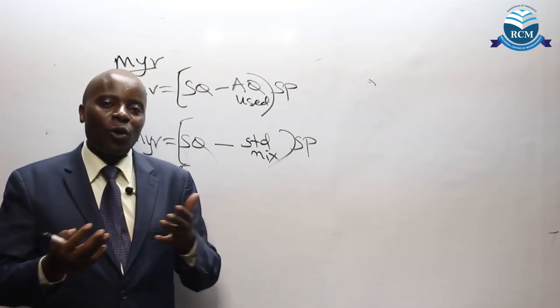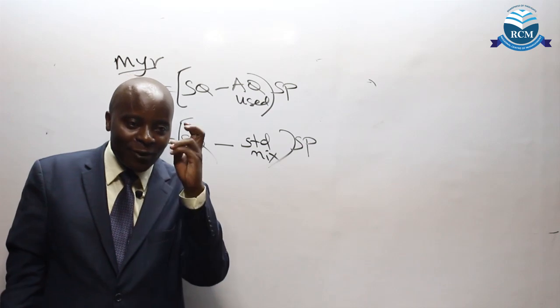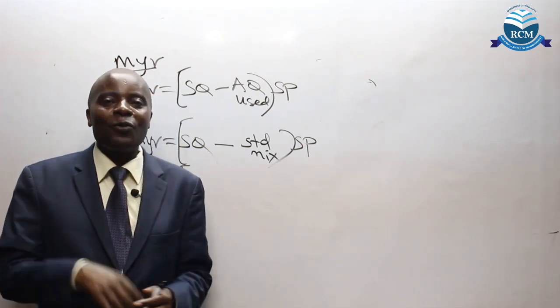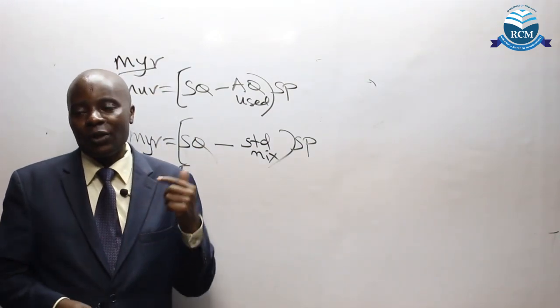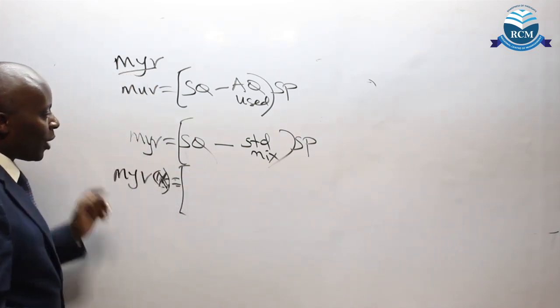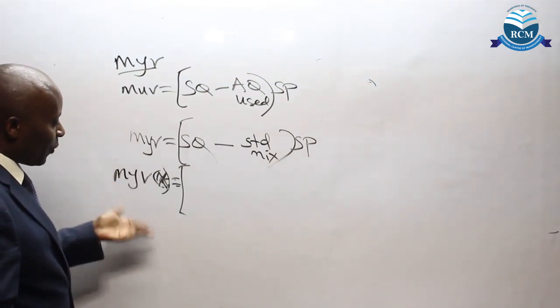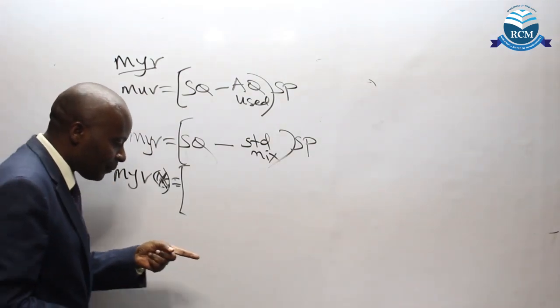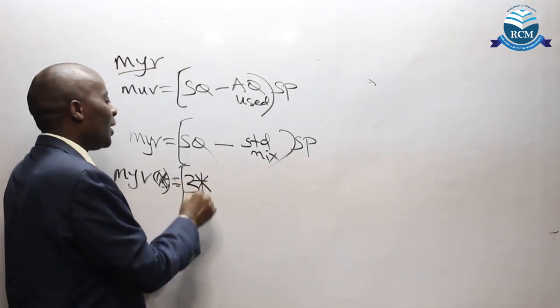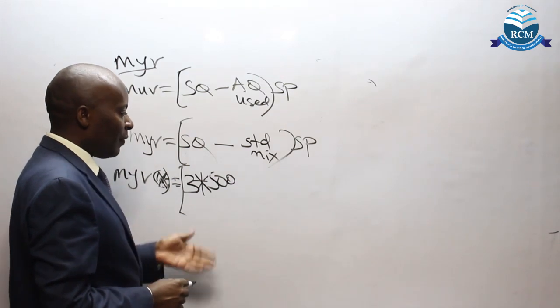Where many students go wrong in this type of question, they pick just the standard quantity and fail to involve the actual number of units produced. The standard quantity of X was 3 times the actual number of units produced, so 3 times 500.